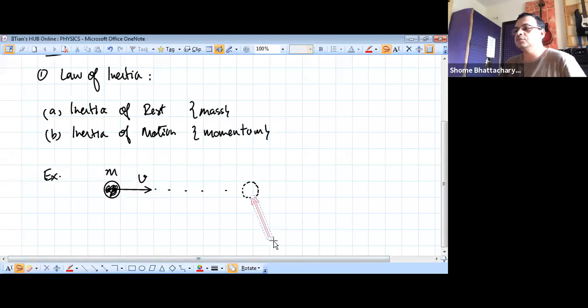Today we'll also discuss the concept of impulse, and this will become more clear. But let us say it gets hit by a force F like this, which acts for a very short amount of time, delta t. So this is like an impact force, like the type of force that acts in a collision.